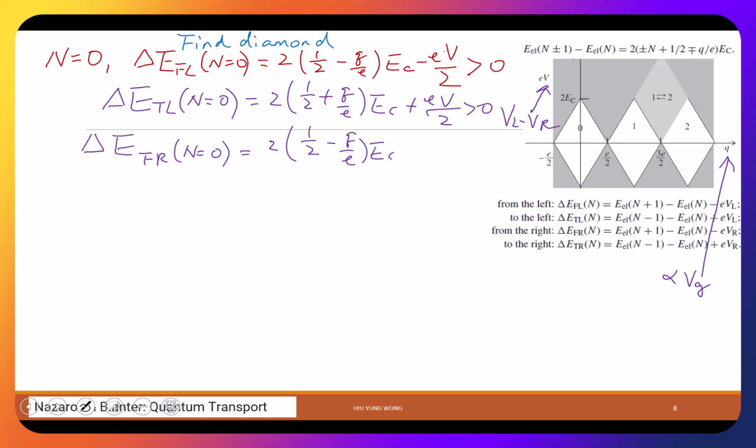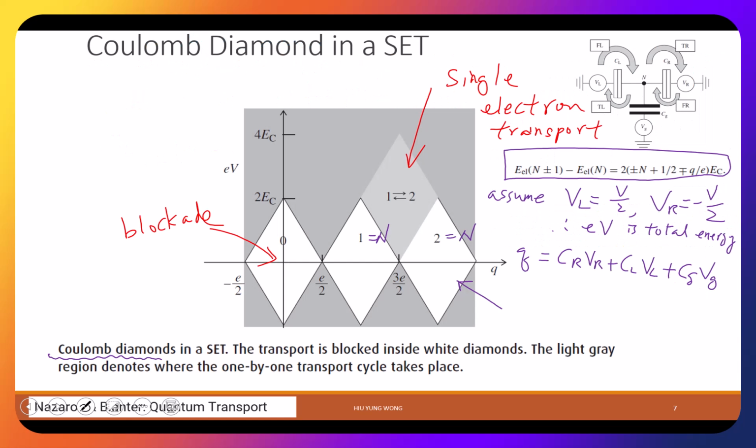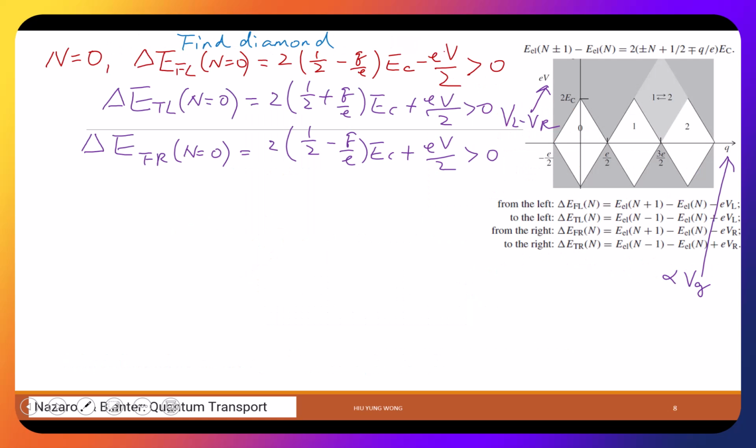And then you need to look back, because it's tunneling in from the right, so it is this one. That is because our right has a potential of negative V over 2, so minus negative V over 2 becomes plus.